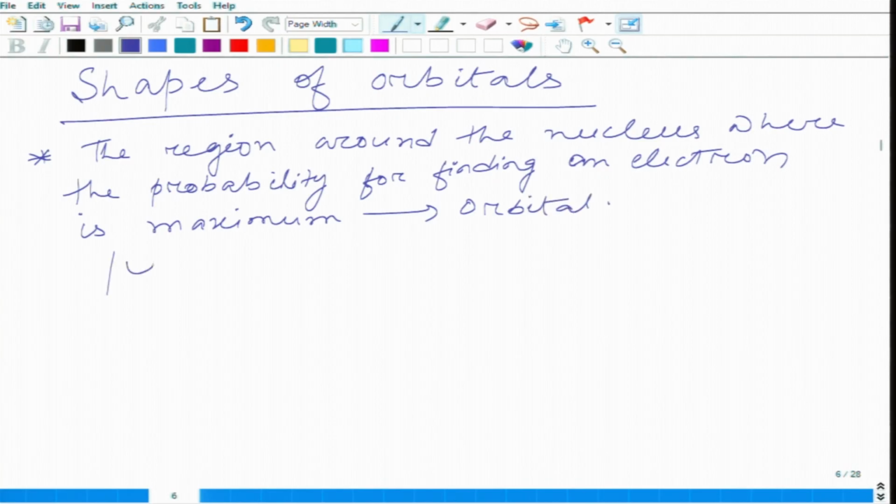So, in an orbital, the probability density psi squared is maximum.